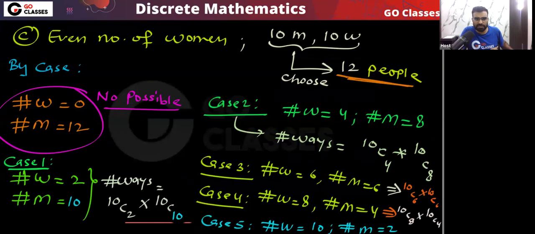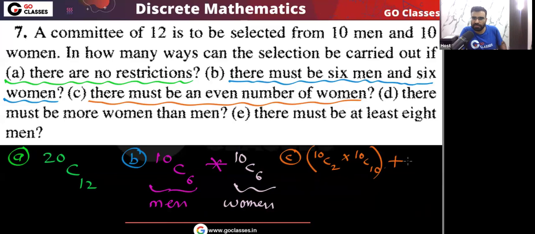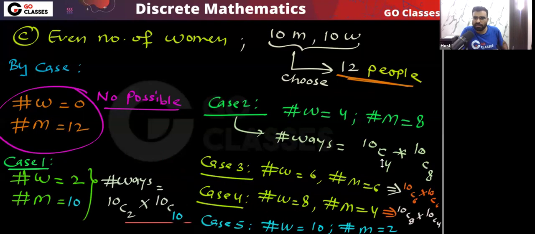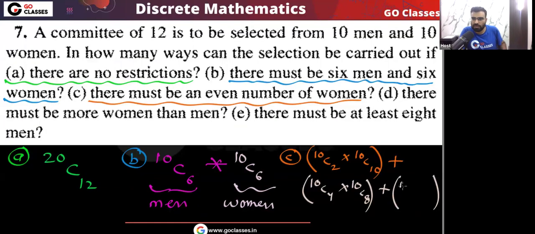Case number 2 is 10c4 into 10c8, plus what is the next case? That is 10c6 into 10c6. And the next case?